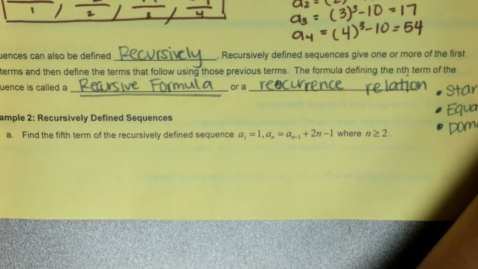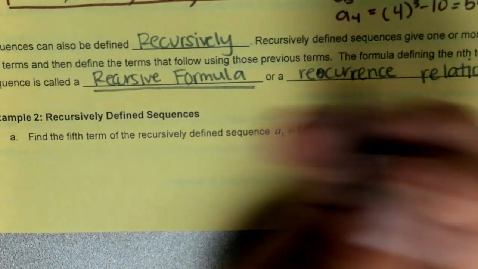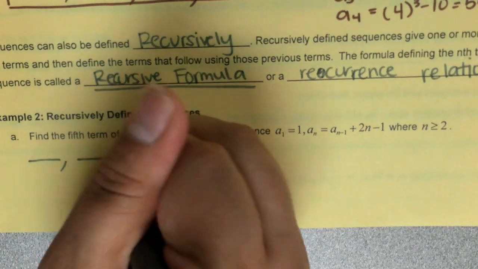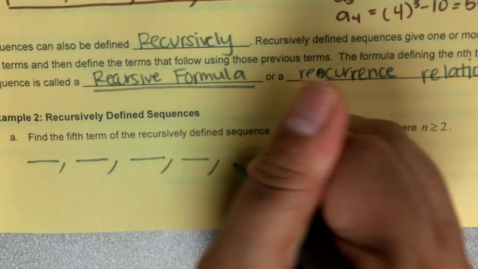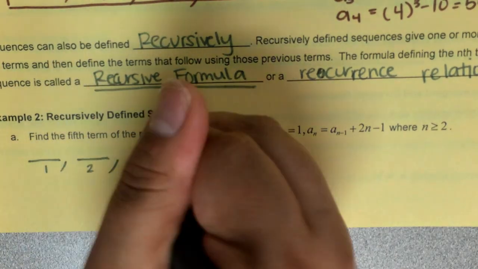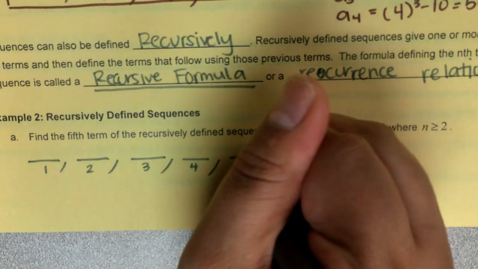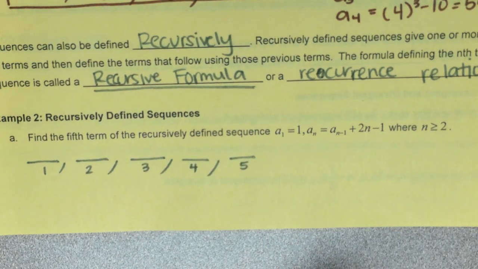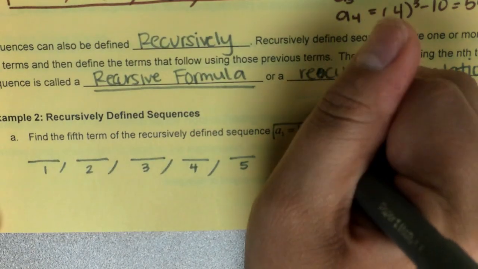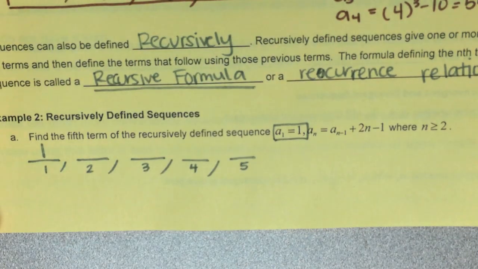This equation is a doozy. It's a big one. This time, I want the 5th term. What did I give you? I'm starting at 1. This one's a little bit more complicated.